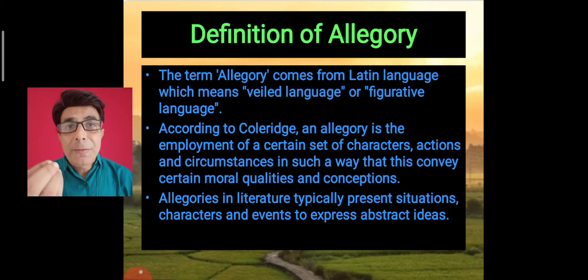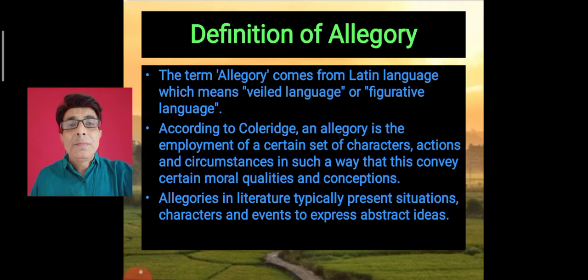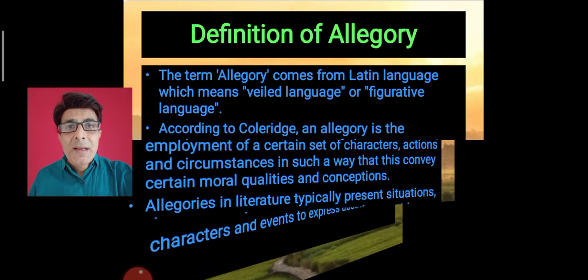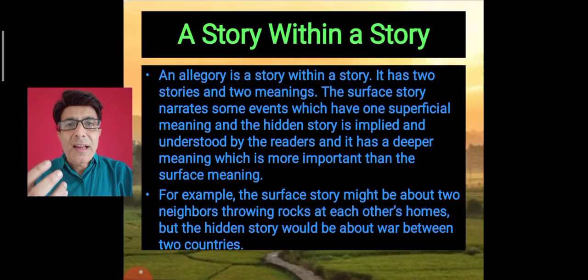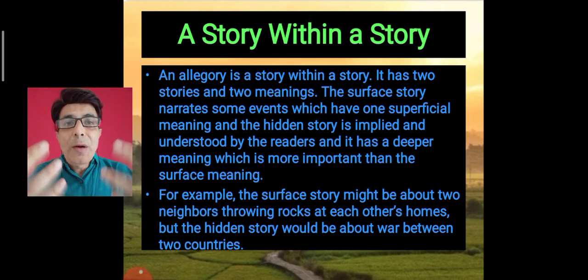Allegories present some situations, characters or events to express some abstract ideas. Abstract ideas means ideas which you cannot express so simply. Some ideas and thoughts are very difficult to express.